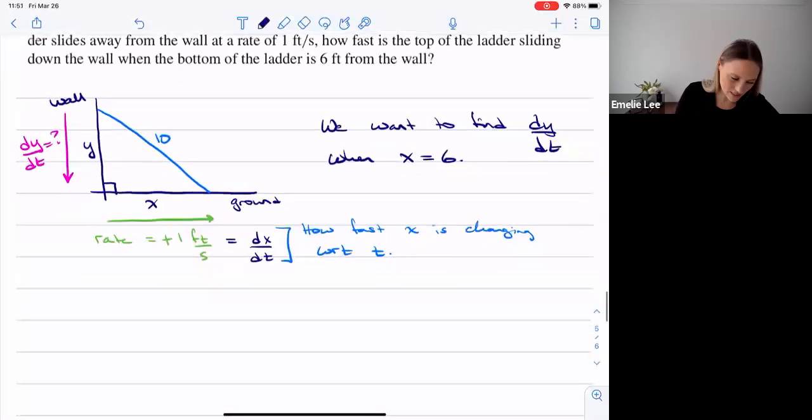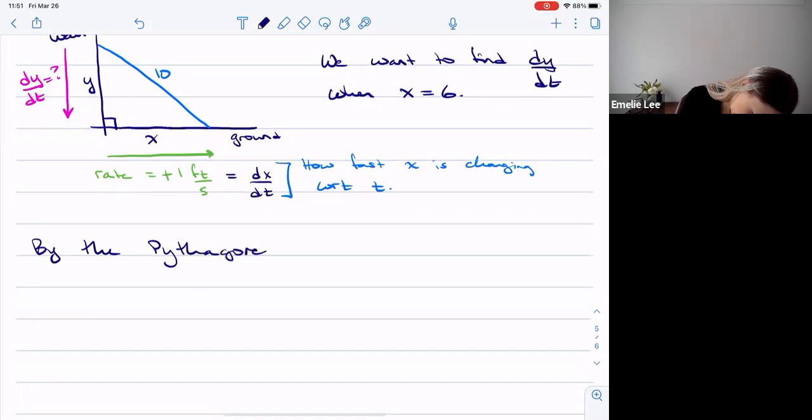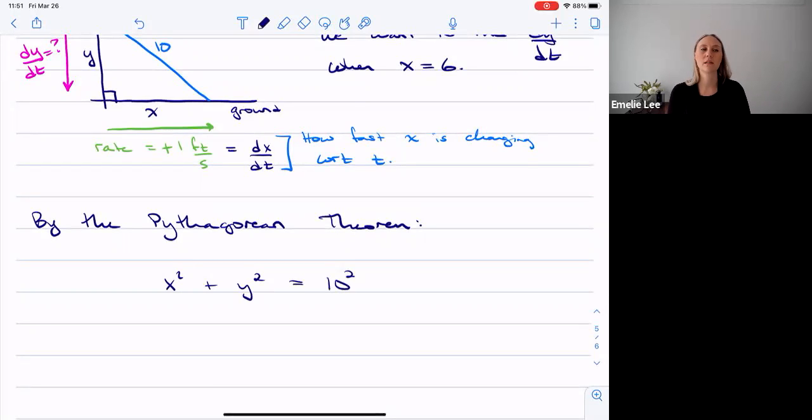Because we see the relationship should be by the Pythagorean Theorem. We know that x squared plus y squared equals 10 squared. That's great.